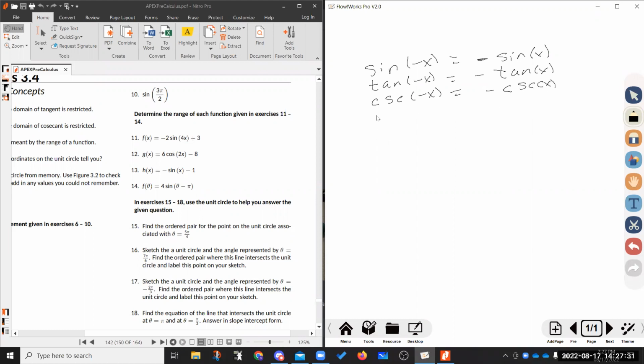And because tangent's odd, its reciprocal, cotangent, is odd. So that leaves, these are all odd functions. The only even functions are cosine and its reciprocal secant.